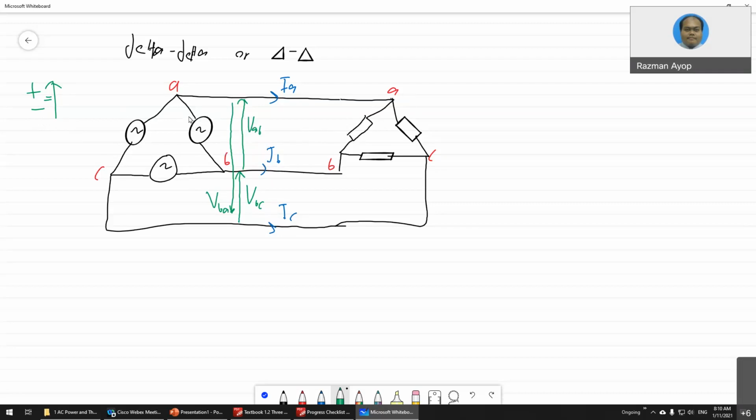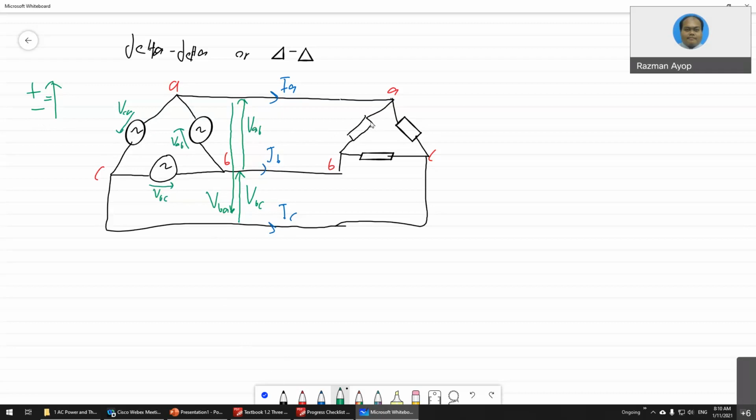This is VAB. Let me draw this again. This one VAB, this one is VBC, and then this one VCA. You need to transfer all of these into here.